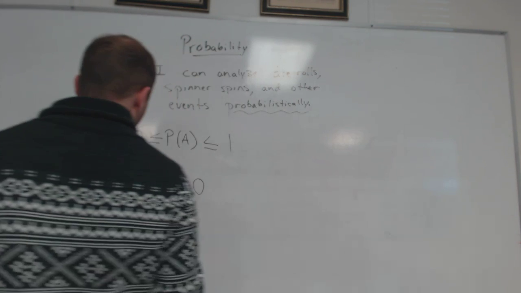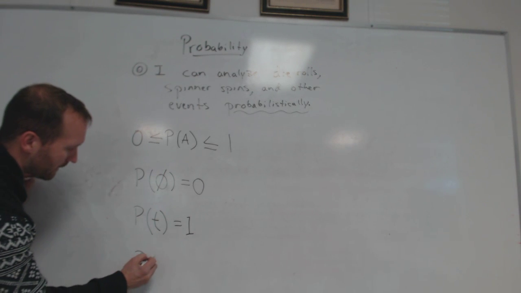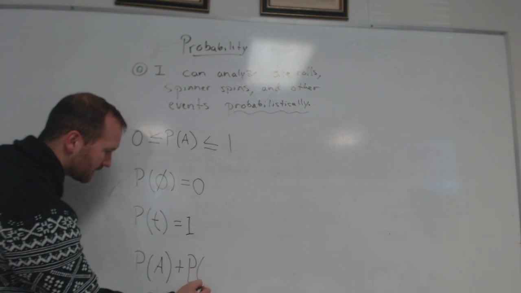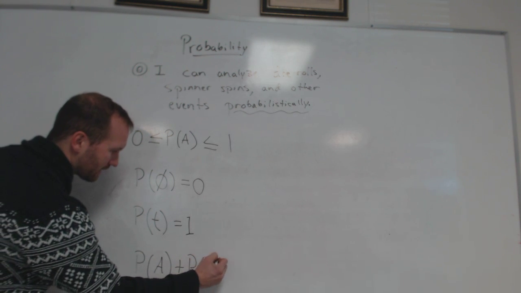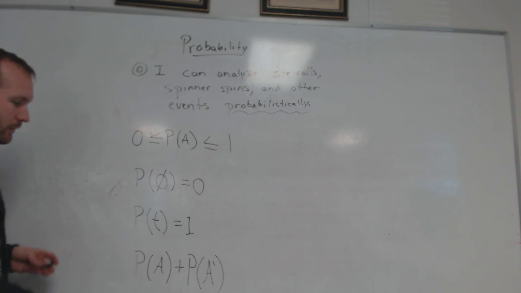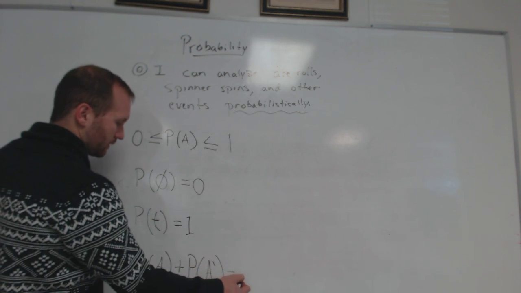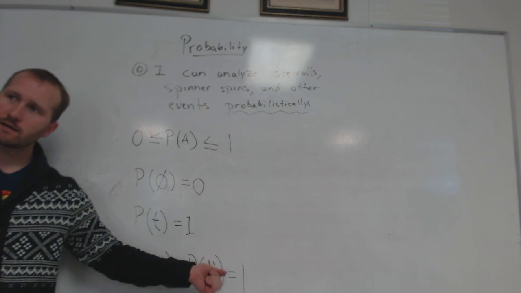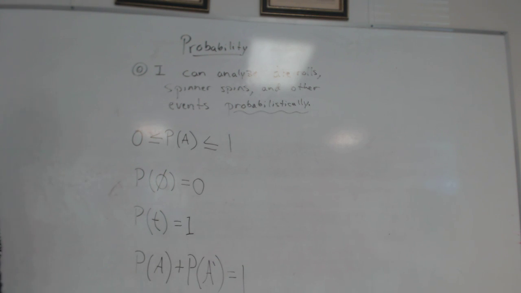And then the last thing that we talked about was the probability of event A plus the probability of not A, which is written in two ways. Usually I see it written as A naught or A prime or whatever, equals 1. So the probability of A and the probability of not A added together has to be 1.